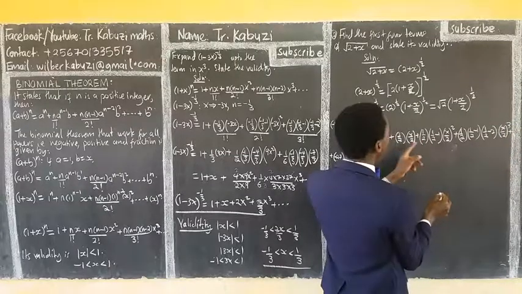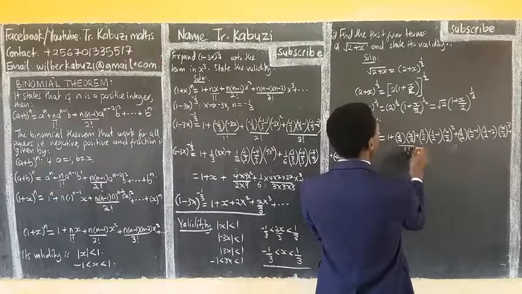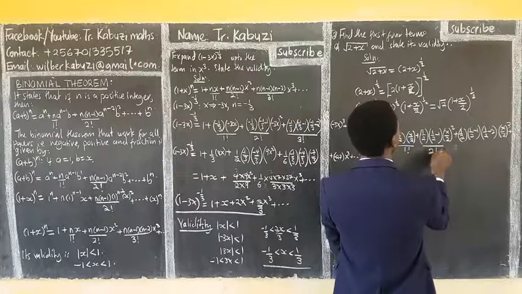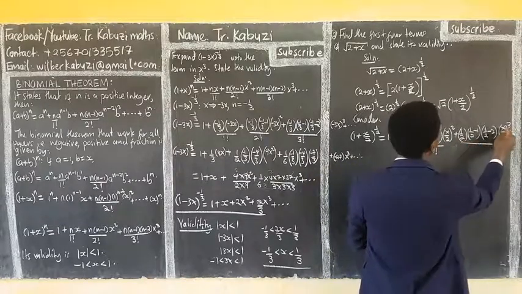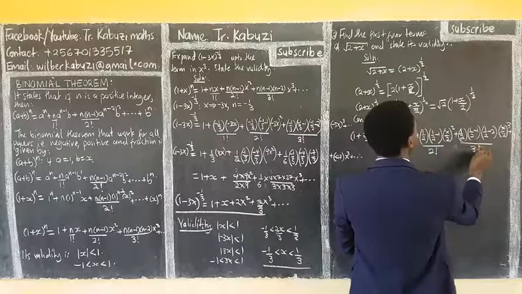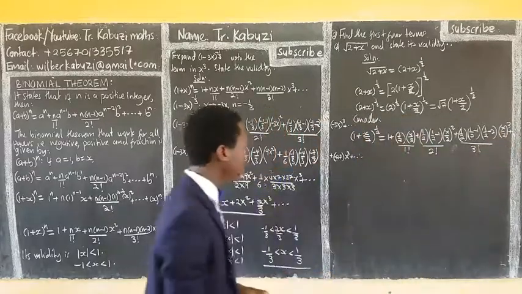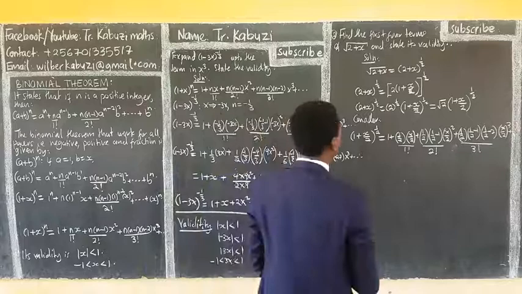And remember, this one has 1 factorial, this one has 2 factorial, and this one, because of the power 3, has 3 factorial, like that. Then the remaining task is to simplify.